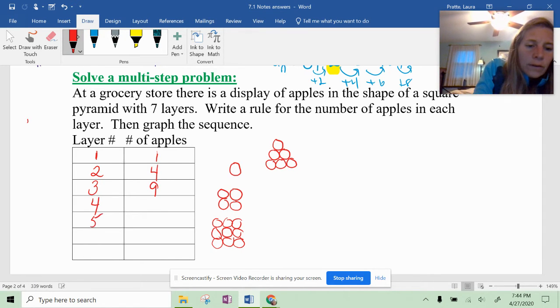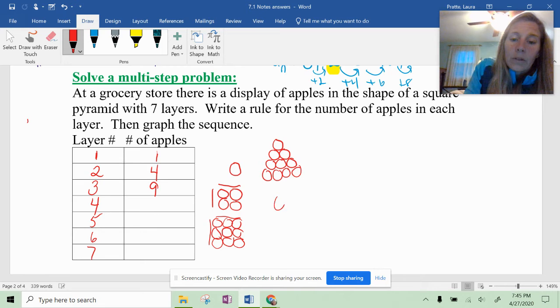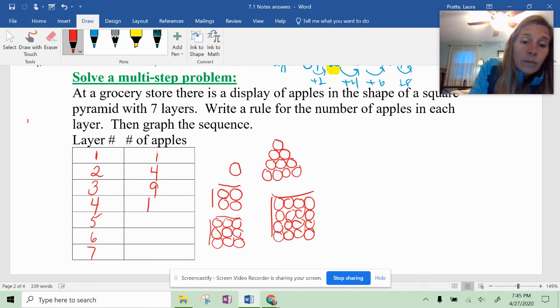So see if you can figure out the pattern here, what's happening. Notice this is 2 by 2. This is 3 by 3. So what do you expect the next one to be? That's right. It's going to be a 4 by 4. So it'd be something like that. And then that would be a total of what? 16.